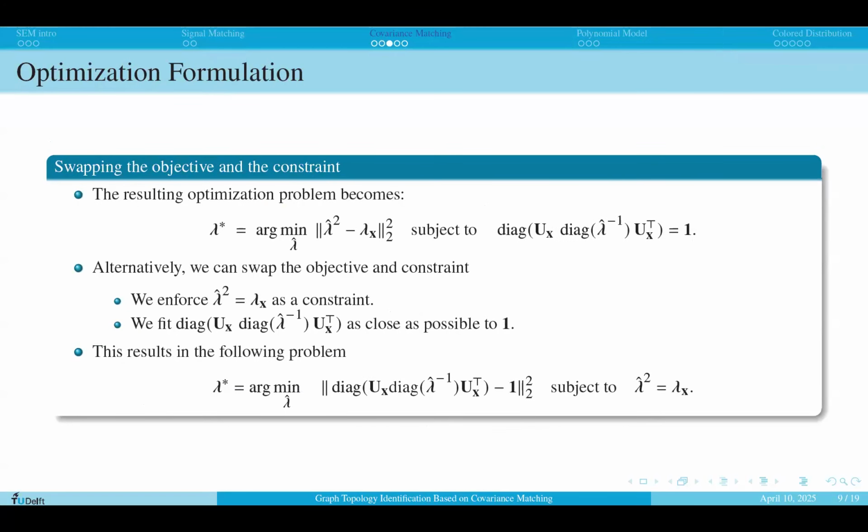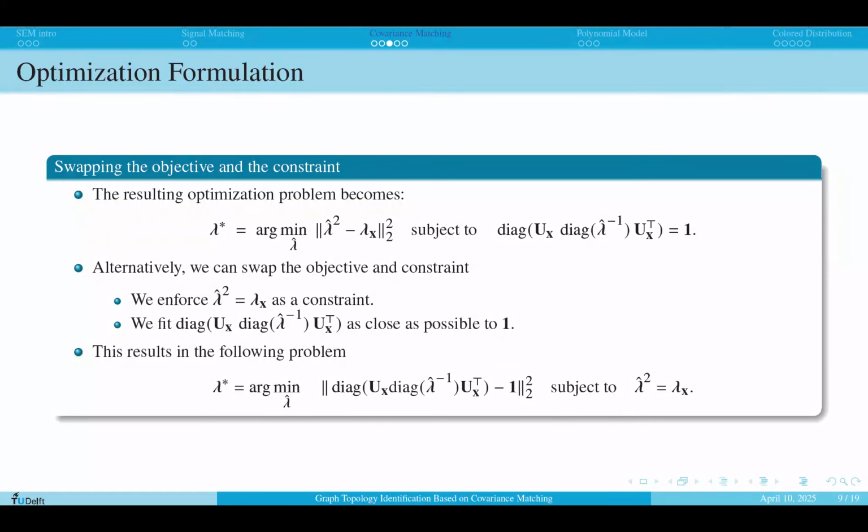So to do optimization of the diagonal, we firstly switch the role of the constraint and the objective, and we get a new optimization problem. And you can see here it's just a sign ambiguity.